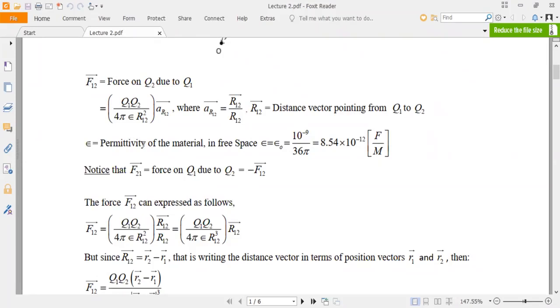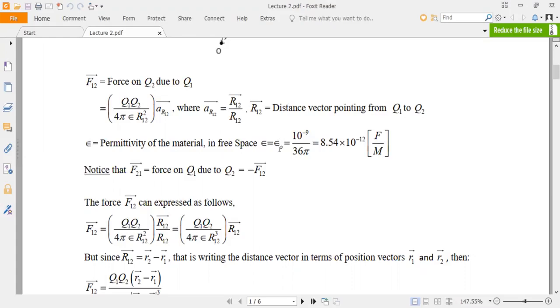As of now, we know that it is permittivity, and if my charges are in free space, then the permittivity epsilon can be replaced by epsilon 0, because the subscript 0 represents the permittivity of free space.